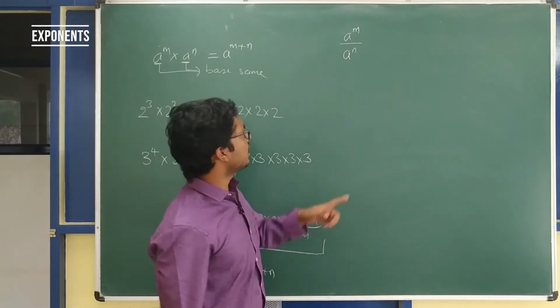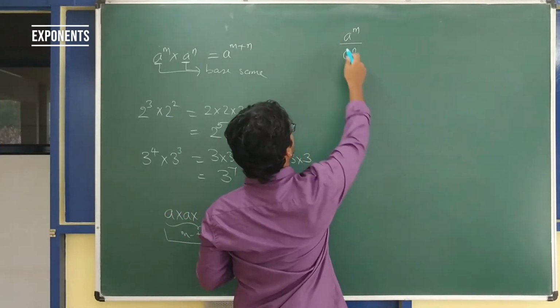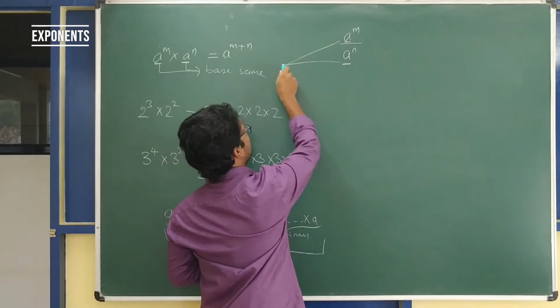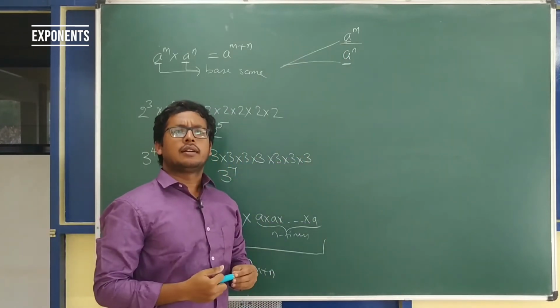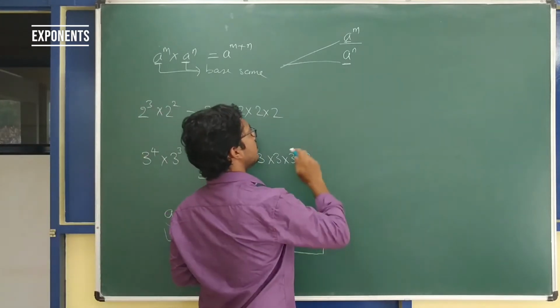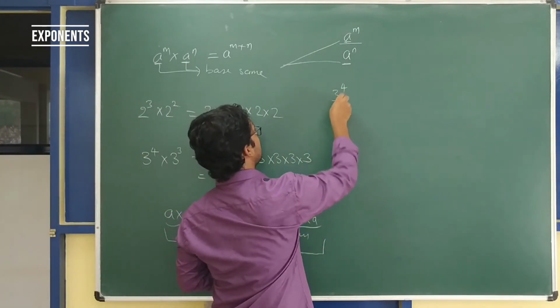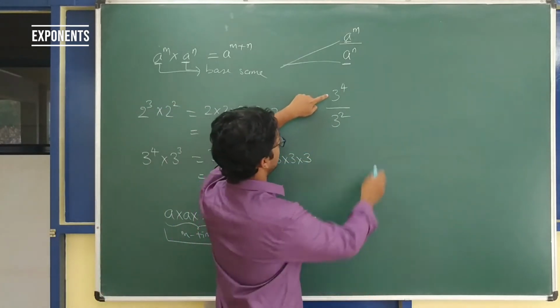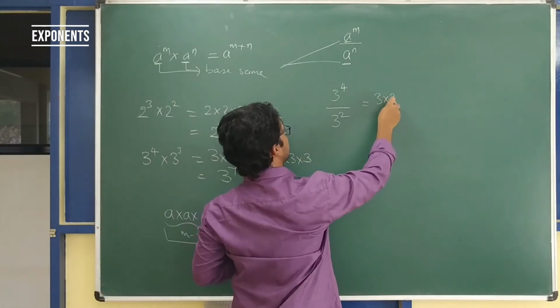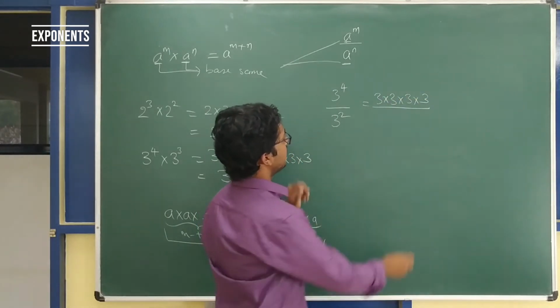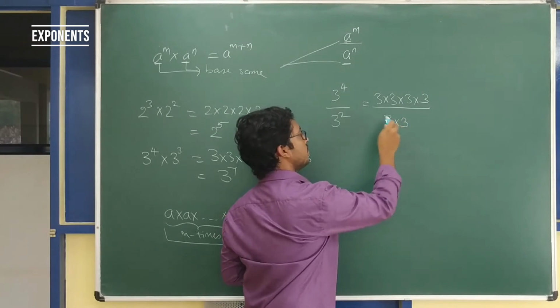Now let's see the second property, a raised to m divided by a raised to n. Again we are dividing two powers, but the criterion is that the base has to be the same. Let's try with an example: 3 raised to 4 divided by 3 raised to 2. Here 3 we are multiplying 4 times, 3 into 3 into 3 into 3, divided by 3 multiplied 2 times, which is 3 into 3.